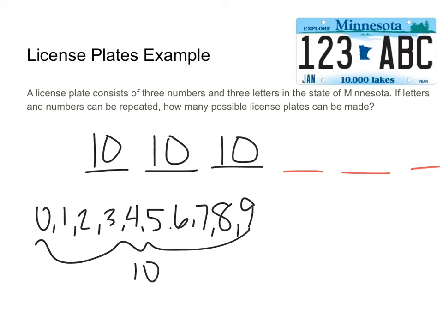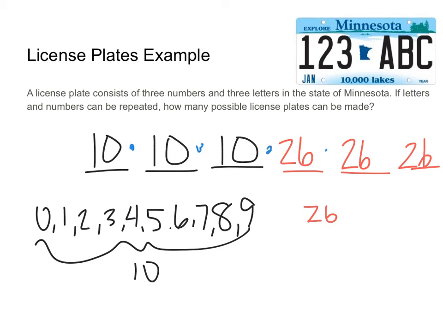Then if we do our alphabet, we have A through Z. We should know that there's 26 letters, and so we have 26 options, 26 options, and 26 options. And so when we talked about the fundamental counting principle, what it did to all of those options is it multiplied them.